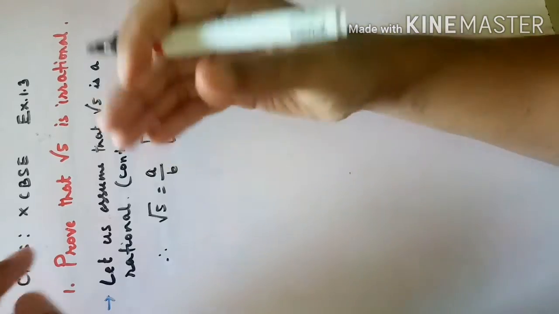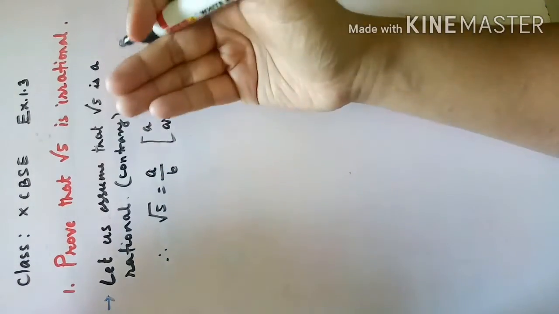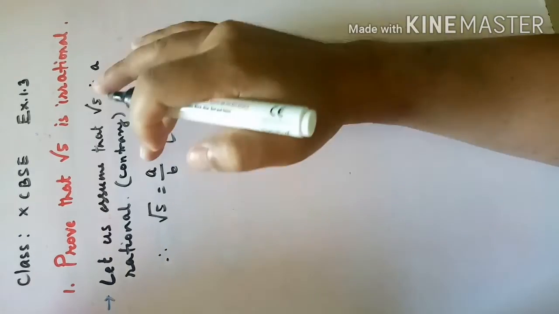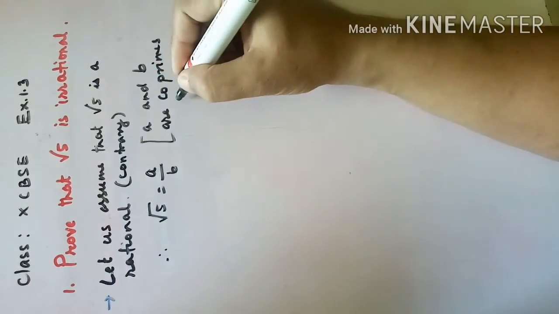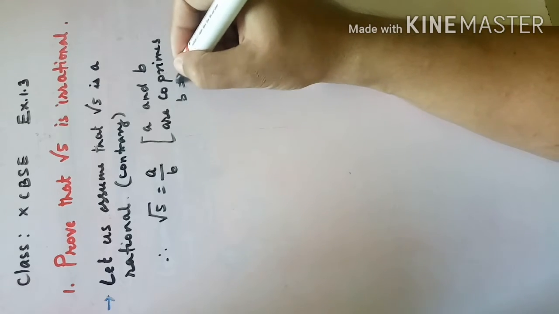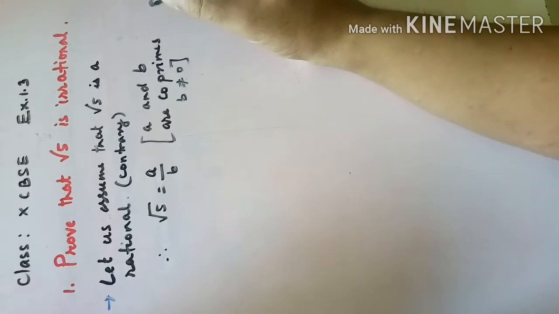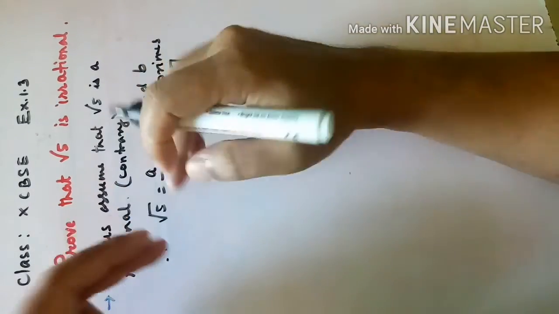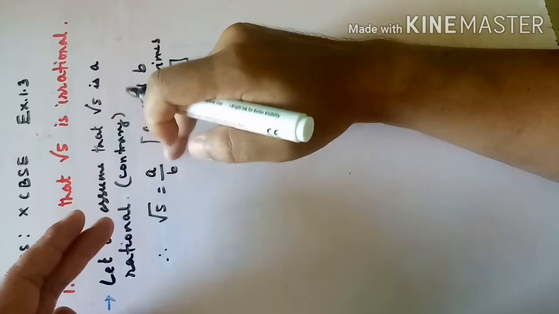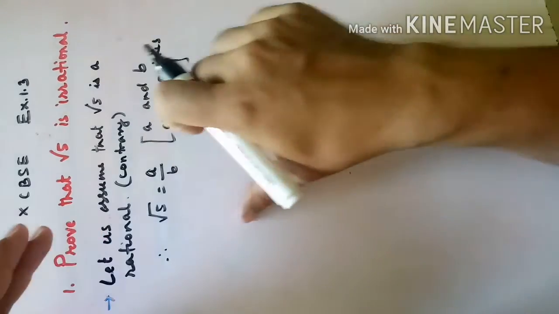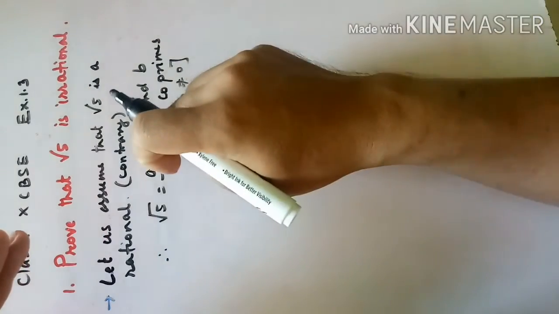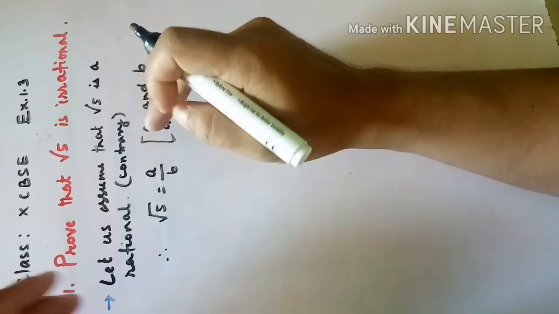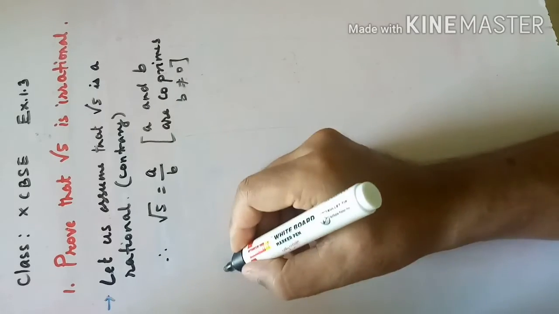If root 5 is a rational number, a and b should be co-prime, should not have any common factor, and also b should not be 0. This condition should be satisfied first. Now we have to verify. We are saying now a and b are co-prime, but while proving we have to check whether what we are considering is right or wrong. Let us start now.